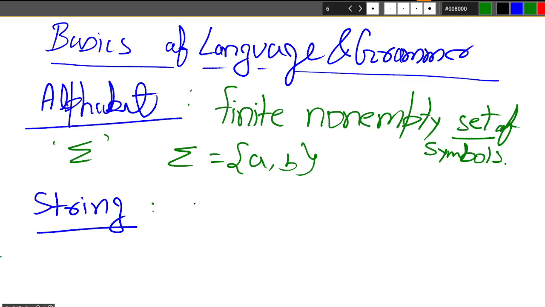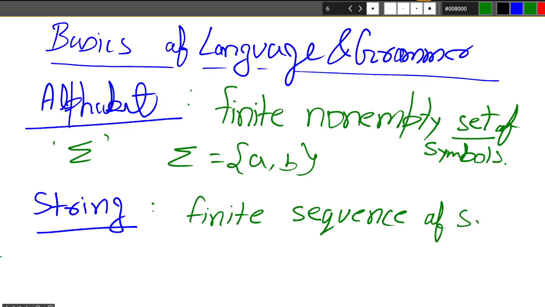It is a sequence of alphabet, a finite sequence of symbols from the alphabet. These symbols should be elements of the alphabet.